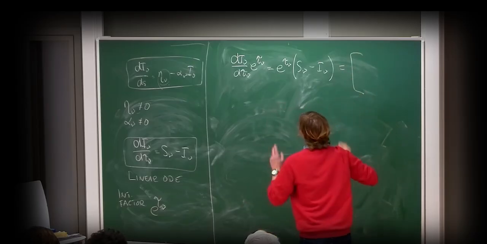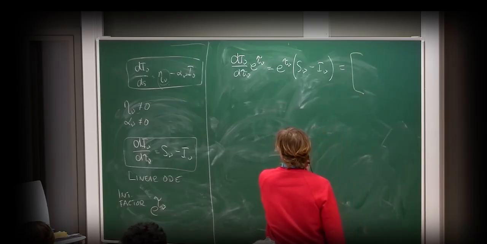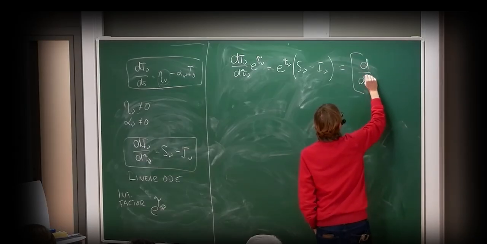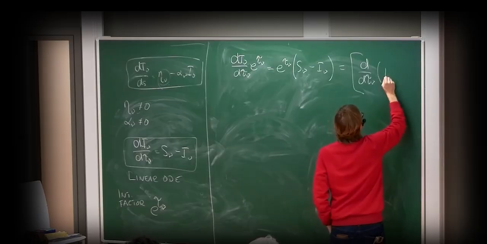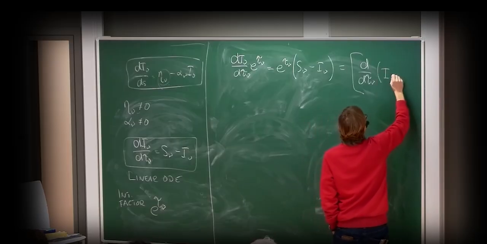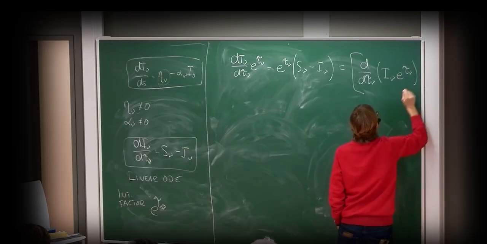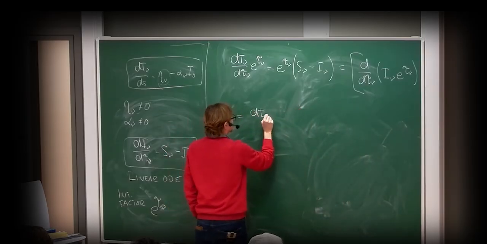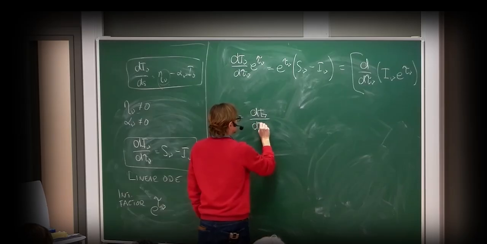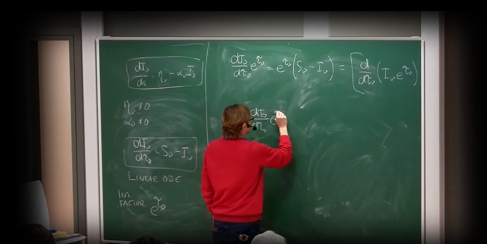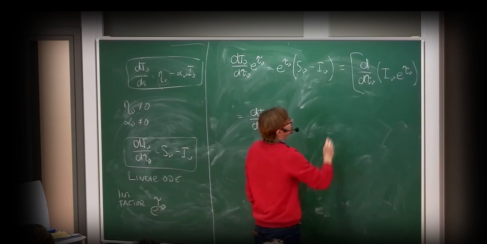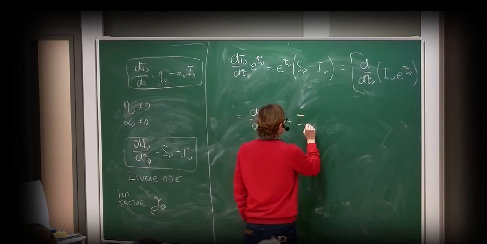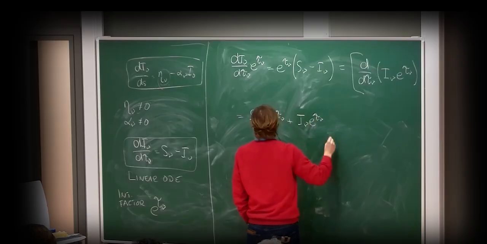And the trick here is, of course, to realize that if you have now the derivative with respect to tau nu of that whole thing, I nu e to the tau nu, you just do that, that should be dI nu over d tau nu e to the tau nu plus I nu e to the tau nu.